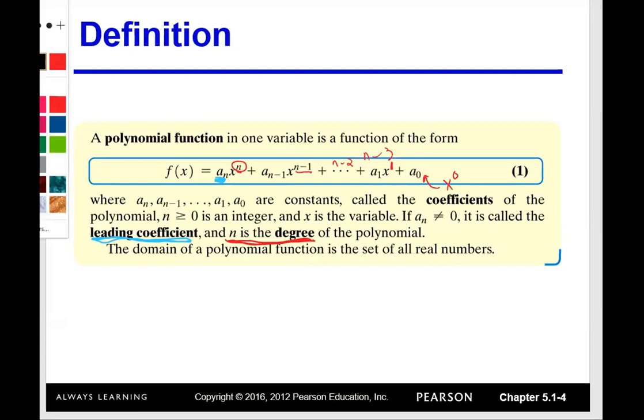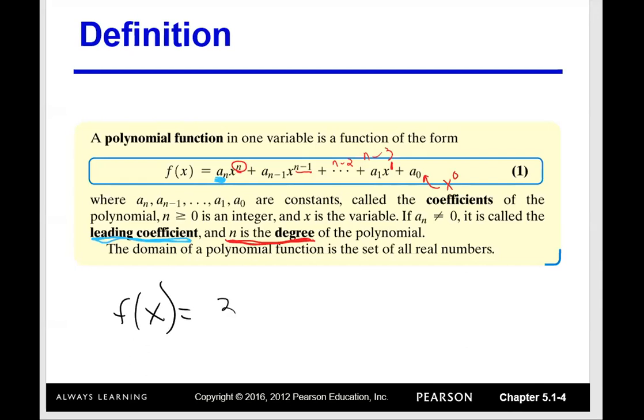So if I were to give you an example of f of x is equal to, let's say, 3x squared plus 7x minus 5. And they asked me what the leading coefficient is. This is in descending order. Okay, it is in descending order. It goes 2, this is a 1, and then technically this is x to the 0.